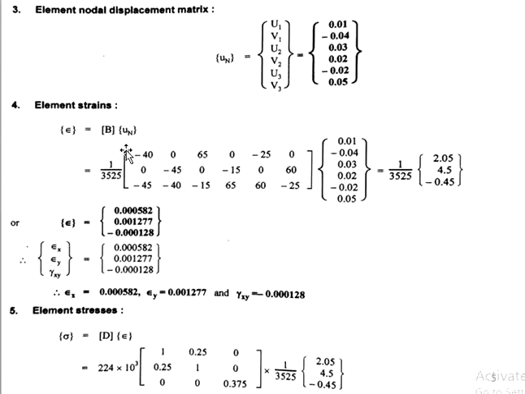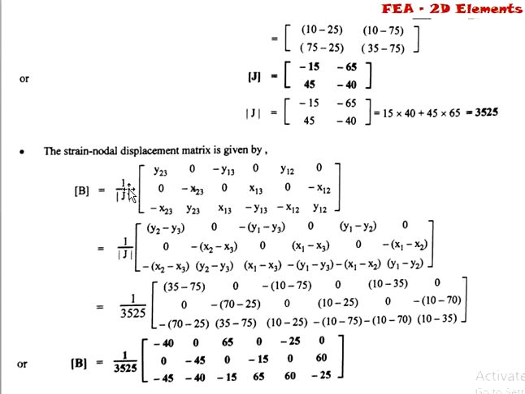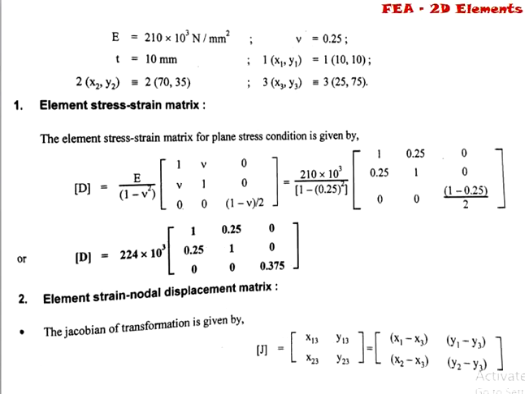Okay, so the question arises how to find B. B has a relation in terms of Jacobian matrix J and x and y coordinates. So this is somewhat reverse engineering. So we require again D and J. Now start from the numerical.